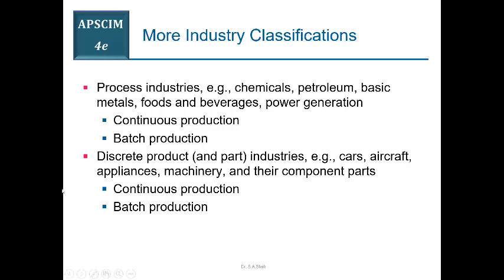So there are discontinuities in the flow of the raw material as far as discrete part manufacturing or discrete part industries are concerned. So ये नॉर्मल जो प्रोडक्ट्स आपके बनते हैं, they are discrete type of industries: cars, aircrafts, appliances, etc. Then discrete part manufacturing, maybe you can have continuous type of production or batch production.